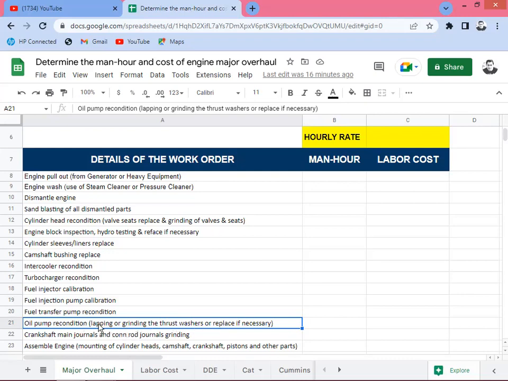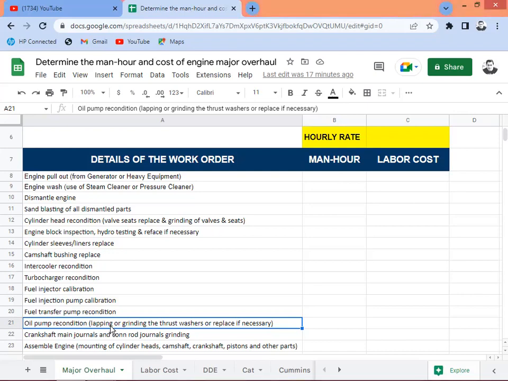If the oil pump is really damaged, that's why you're having a problem of knocking in the crankshaft journals, the main journals or the connecting rod journals, because probably the oil pump is not working anymore. And if the oil pump is not working, then there will be no supply of oil for lubrication into those parts like the crankshaft journals and the camshaft bushings.